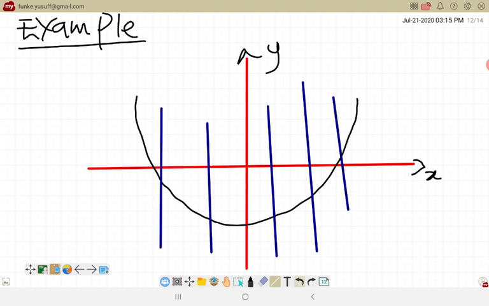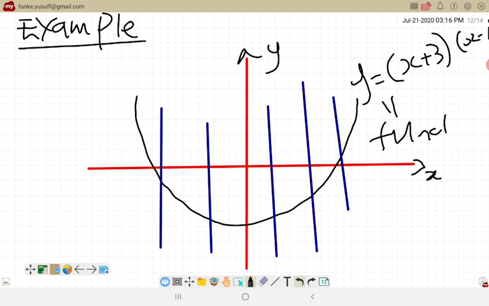Let's say this is the graph of y equals (x + 3)(x - 3). You can see that the vertical line crosses the graph once here. So that means this is also an example of a function.